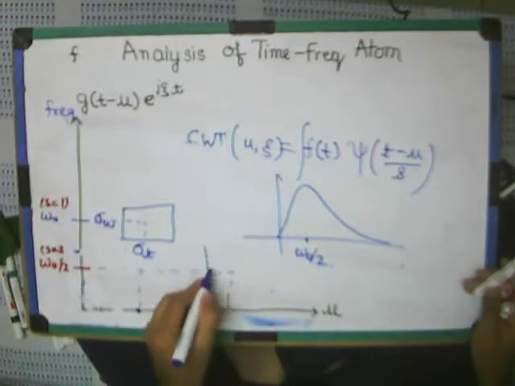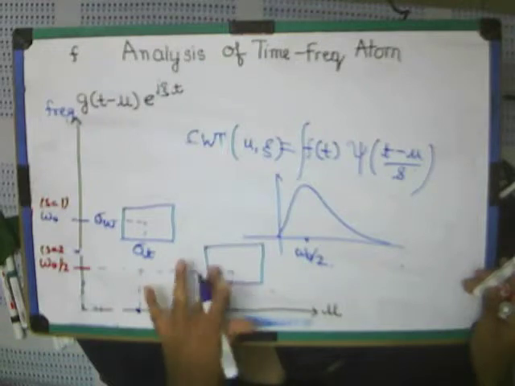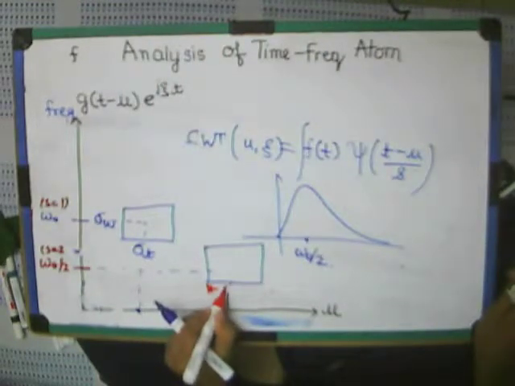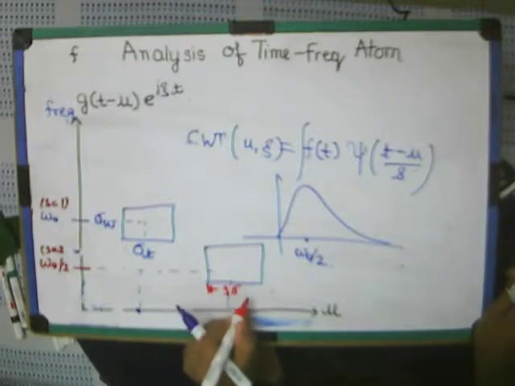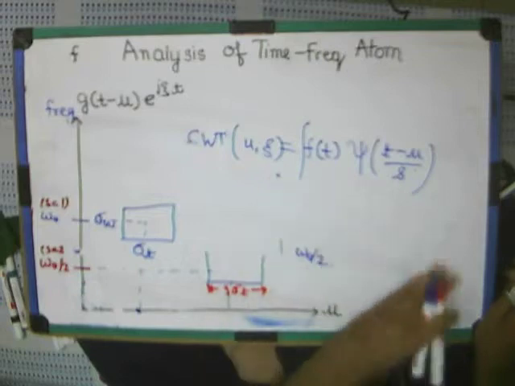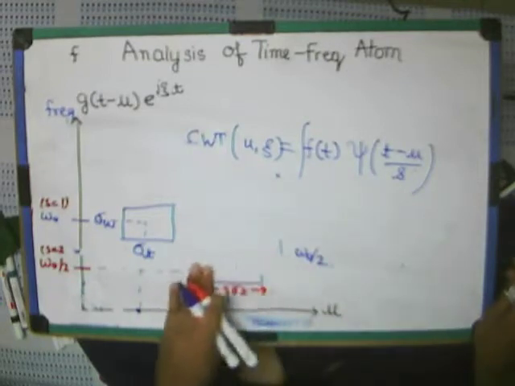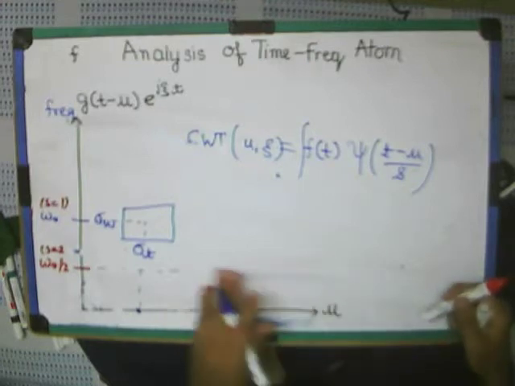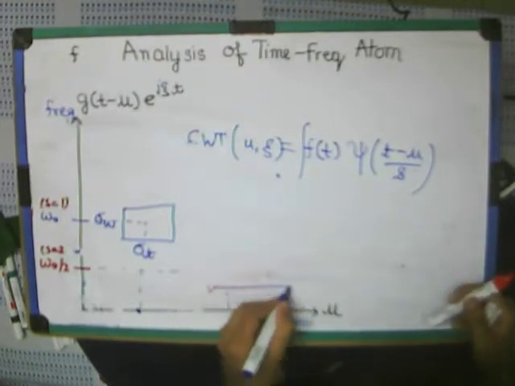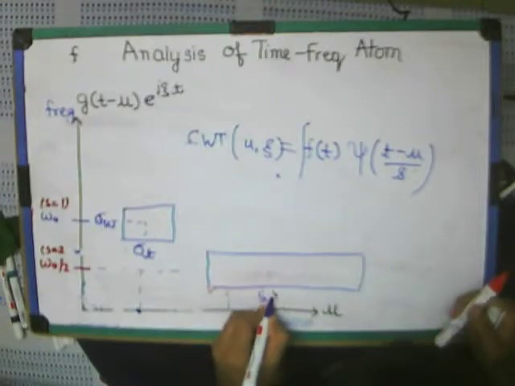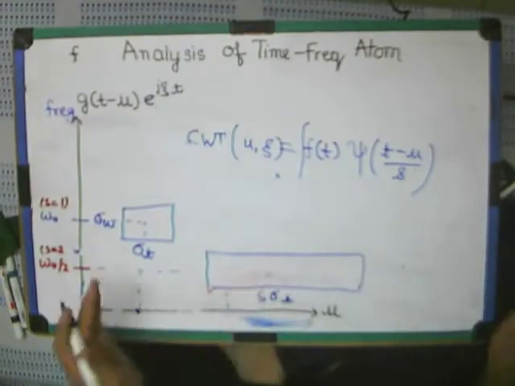Now the figure becomes something like this. This becomes equal to S times sigma t. Let me show you. Because this is increasing because of the dilation in time.